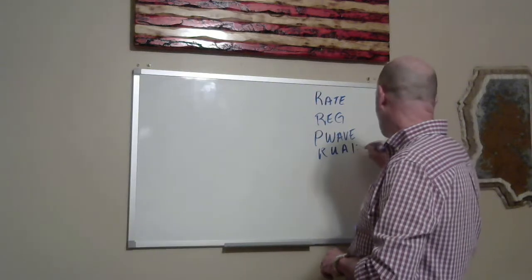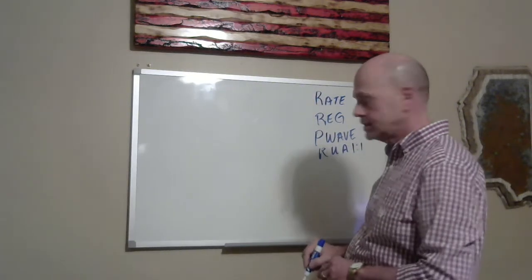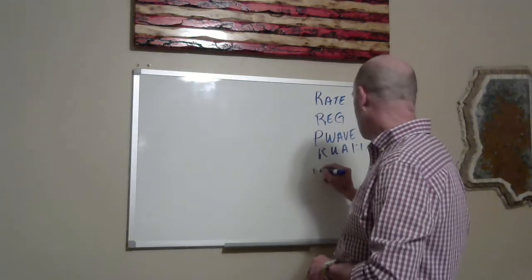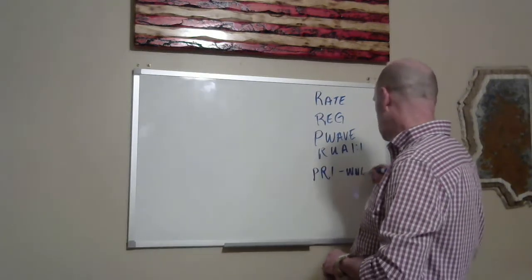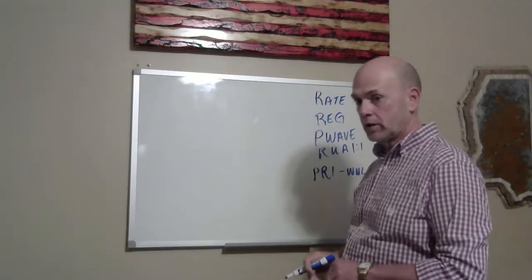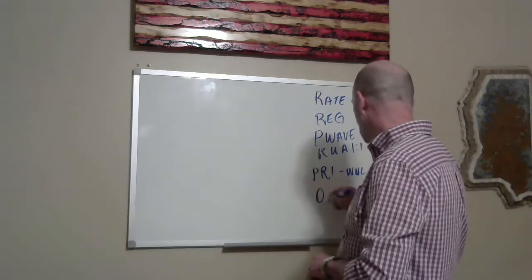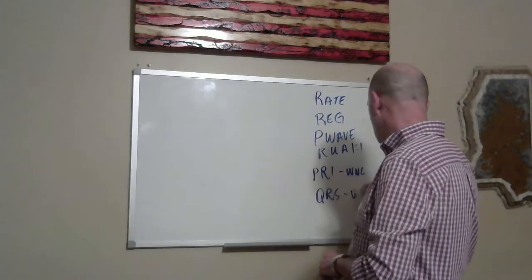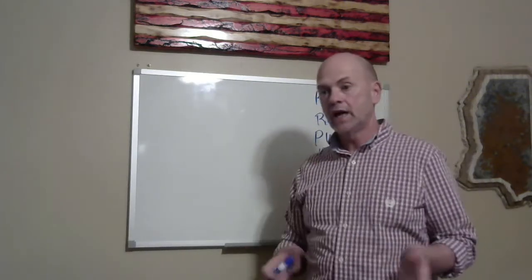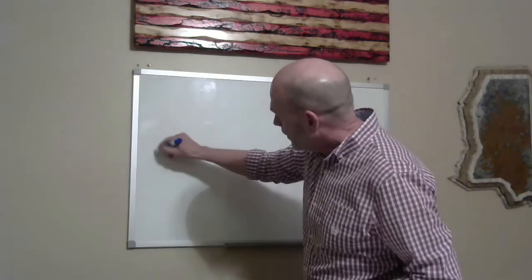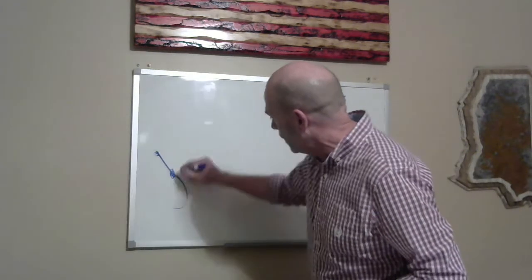Is there one-to-one with the QRSs? PR interval, is it within normal limits, which is 0.12 to 0.20? And then the QRS, is it within normal limits? 0.04 to 0.12. So for the sinus rhythms, again, they start in the SA node.